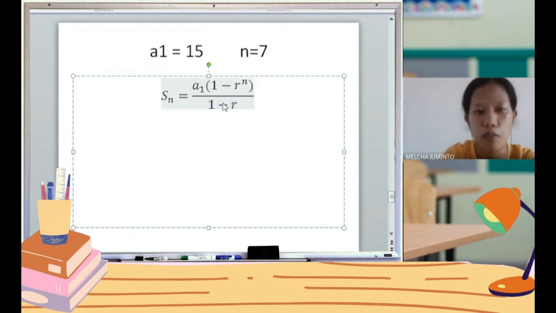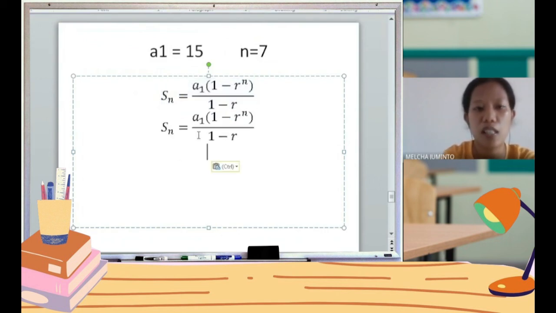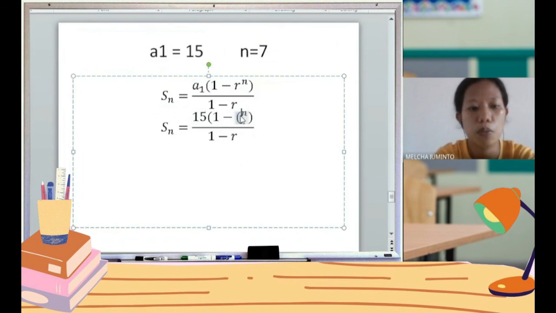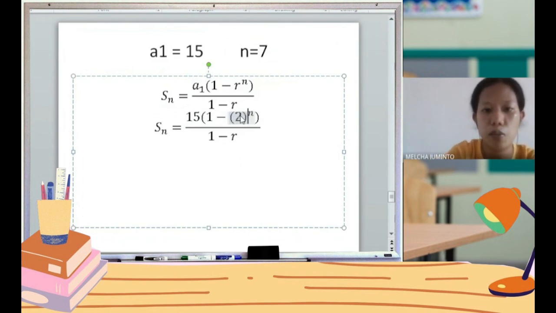That is the formula for a geometric series. So we have 15 here, and then 1 minus 2 raised to 7 all over 1 minus 2.